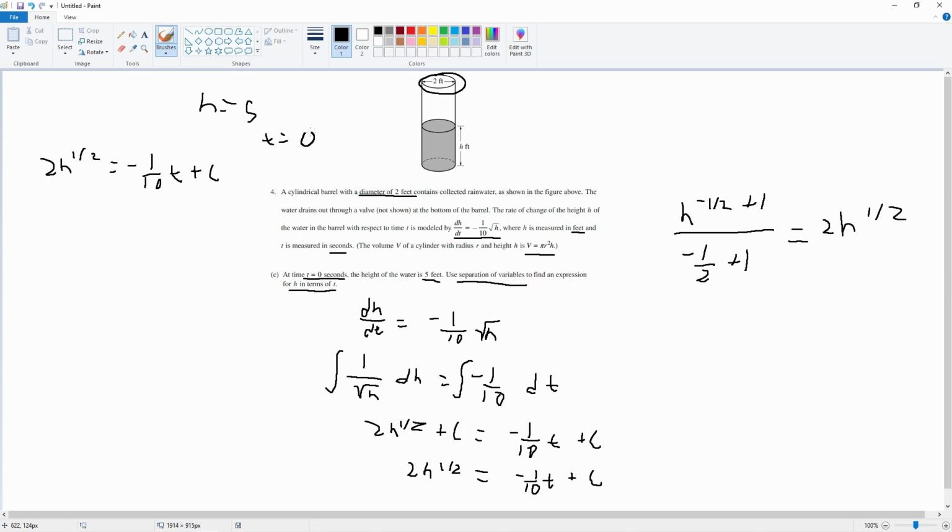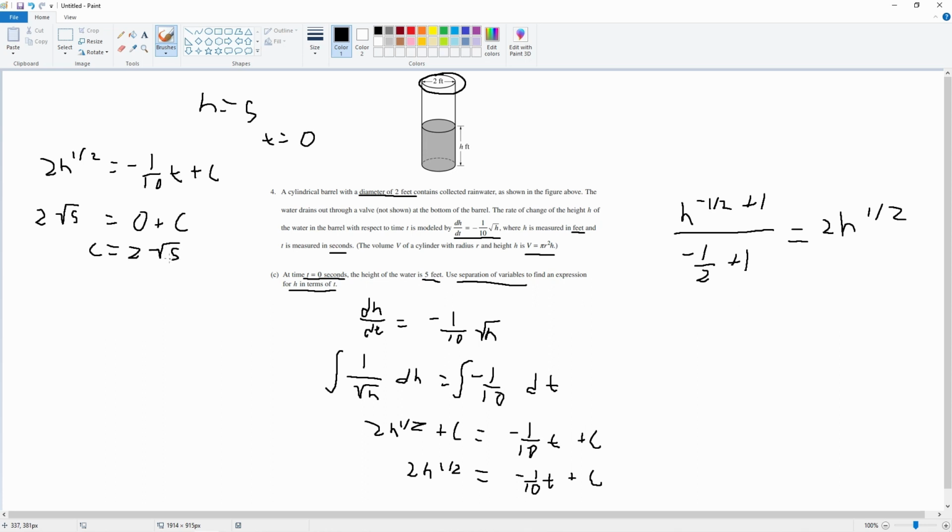So if we plug all these into this equation, this is just going to be 2 times h to 1/2, or just square root of h, and h is 5. So 2 square root of 5 is equal to negative 1 over 10 times 0, just 0, and then we're going to have just plus c. So since this just cancels out, it's just going to be c is equal to 2 times the square root of 5.